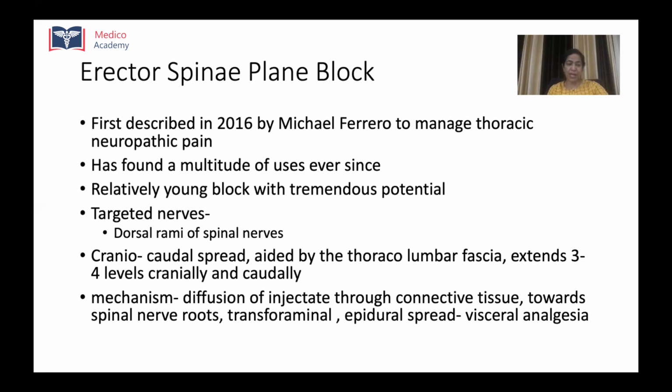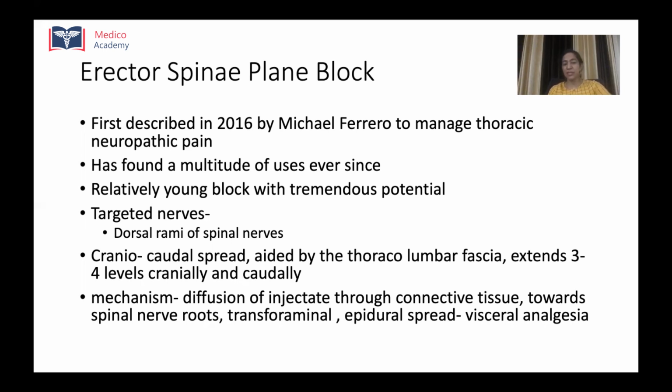gained acceptance and popularity. It was first described in 2016 in a paper by Forero to manage thoracic neuropathic pain. This has found a multitude of uses ever since. It is relatively young and it has tremendous potential.